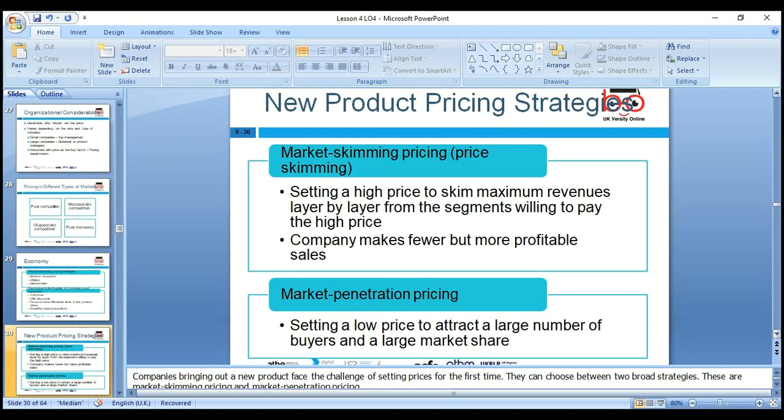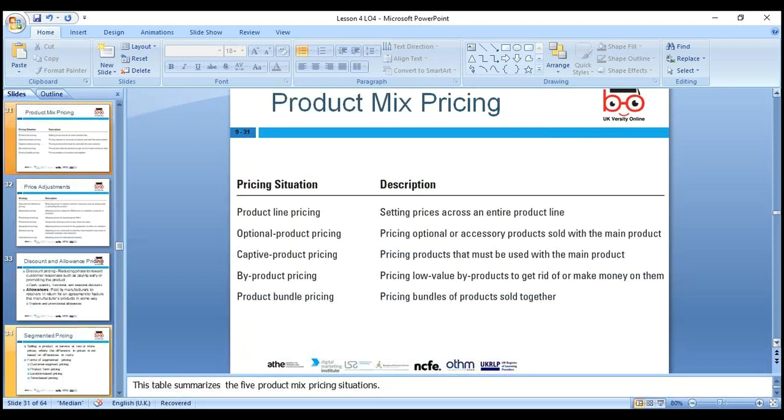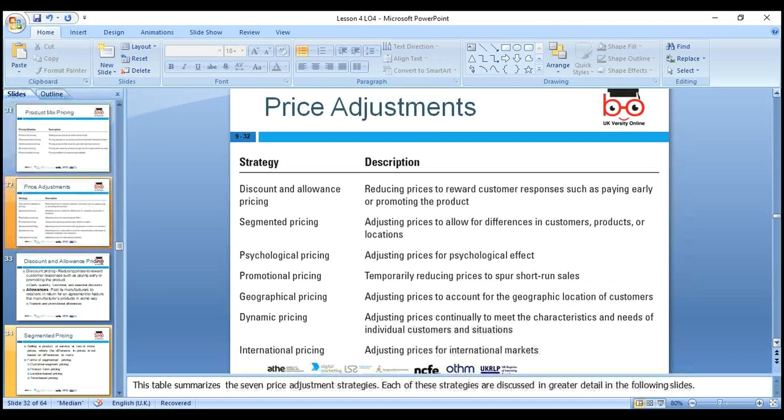Market penetration means a low price, a large number of buyers and a large market share. Then there is product mix pricing, product line pricing, optional product, captive product and by-product pricing. Why we do all this we can discuss in our assignment as well.